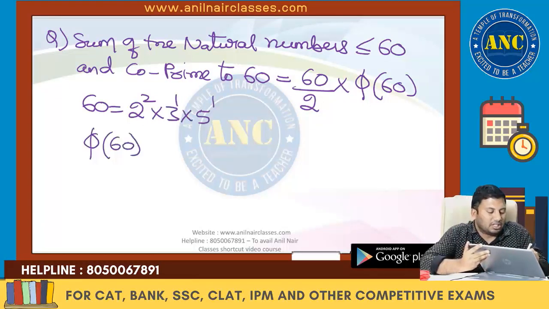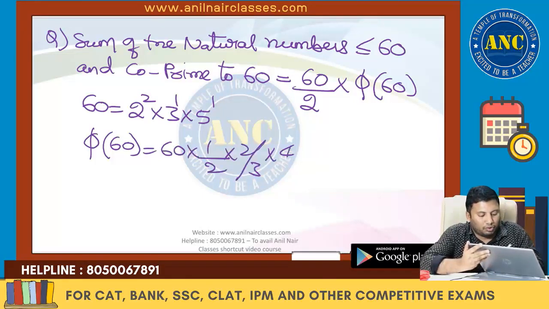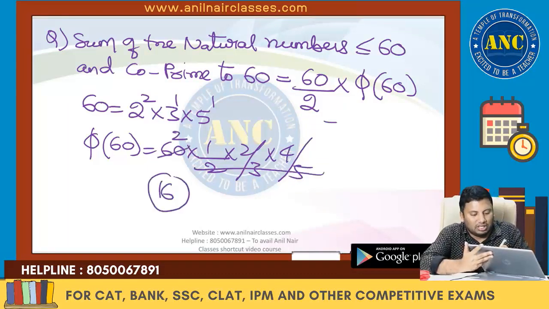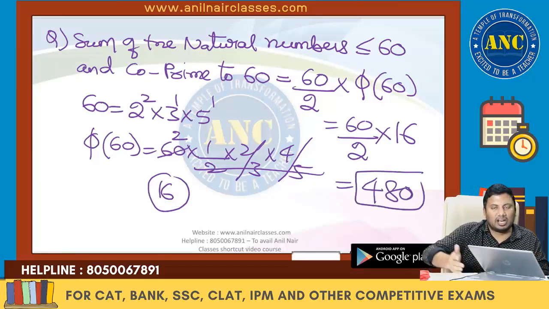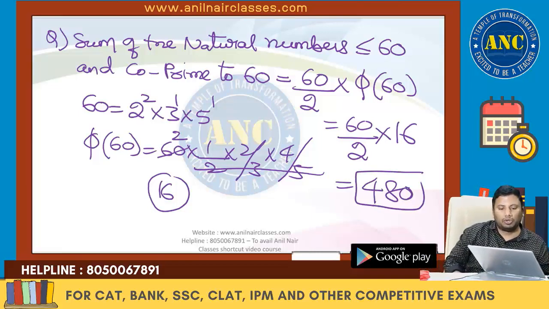Quotient of 60 is nothing but 60 into 1 by 2 into 2 by 3 into 4 by 5. 15 2s are 30, 4 4s are 16. So this is nothing but 60 by 2 into 16. So the answer is 480. The sum of all the natural numbers less than or equivalent to n and coprime to n is given by n by 2 into quotient of n. I hope it is clear.